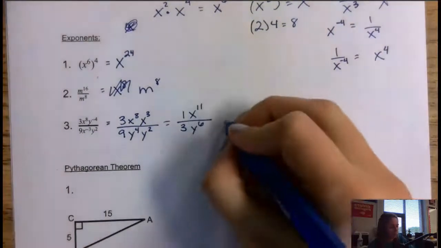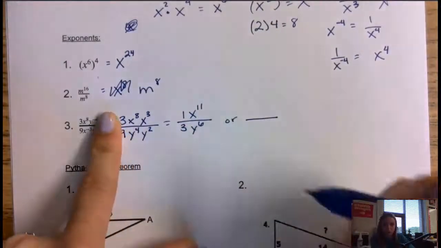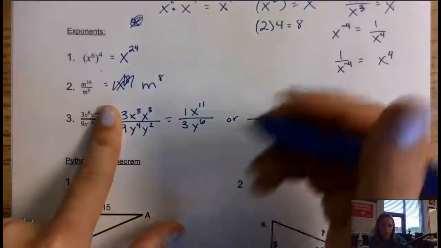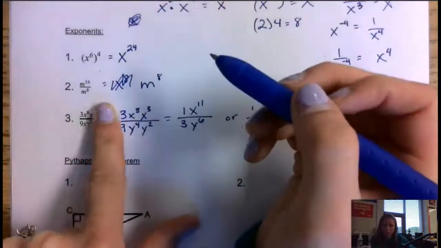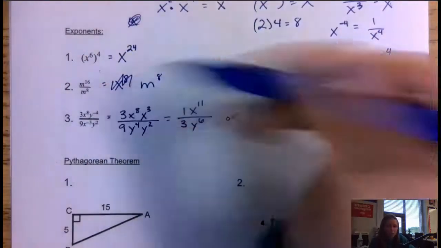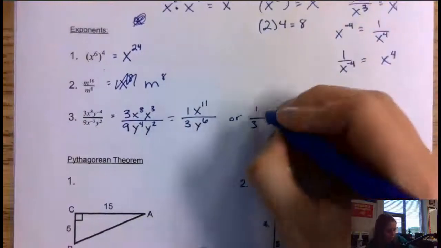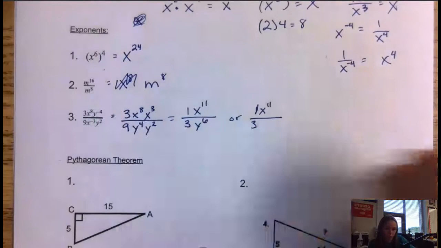Alright, now the other way we could handle this is we could just kind of reduce and do the rules right away. So 1 over 3, we're going to simplify. Now right here, we have 8 minus a negative 3. So that's the same as saying x to the 11th, and it's going to go where the larger exponent is.